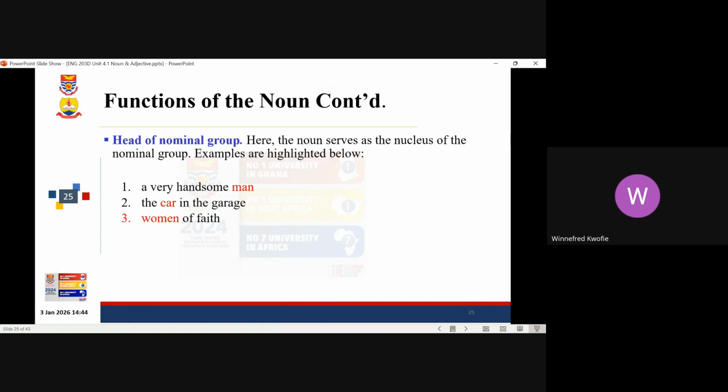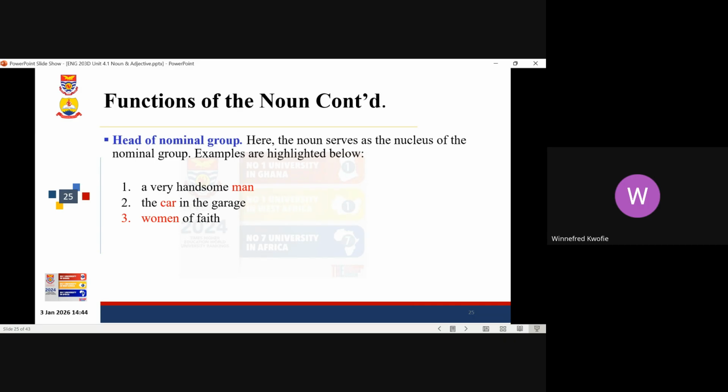So let's look at the two main functions of a noun. The first one, as the head of a nominal group. Now, as a head of a nominal group, let's look at these nominal groups. A very handsome man, the car in the garage, woman of faith. Remember the first week we met, we talked of a group as an expanded word where we have the head word plus other words added to it.